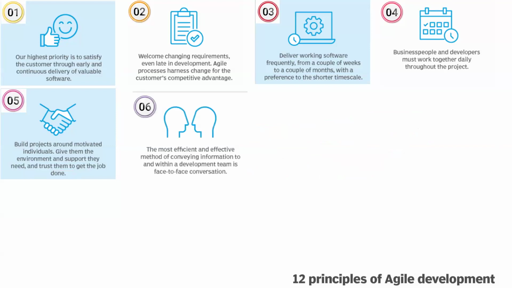The most efficient and effective method of conveying information to and within a development team or project team is face-to-face conversation. When we discussed about communications, I told you in the PMP exam question, if the question is about communication and there's a choice about face-to-face communication, usually that will be the right answer. That is based on the sixth principle.